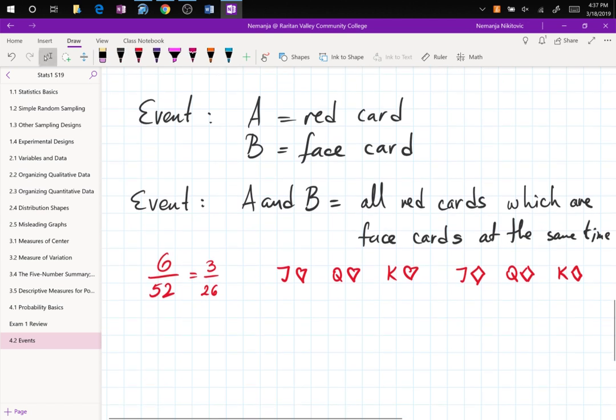Now, event A or B. Oh, now these are all of the cards that are either red or face. And that's a lot of cards.